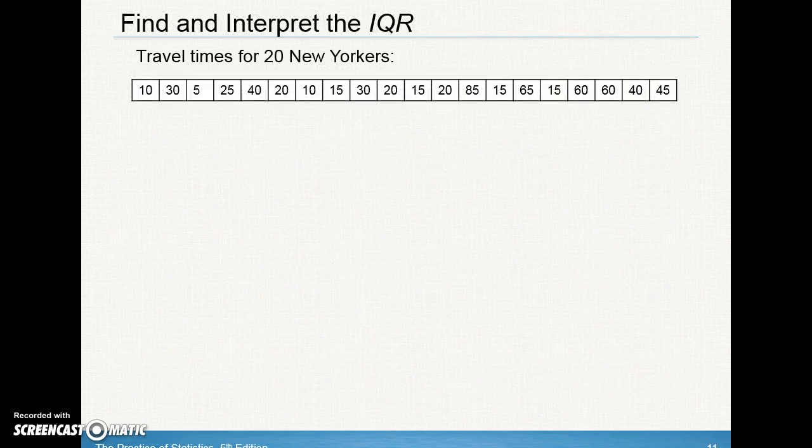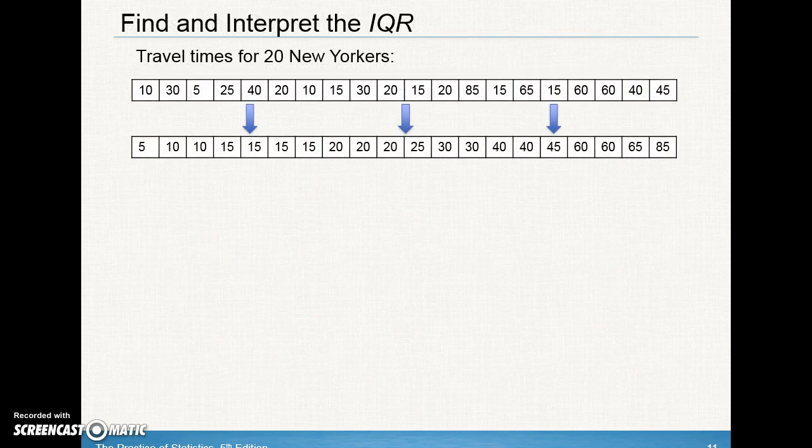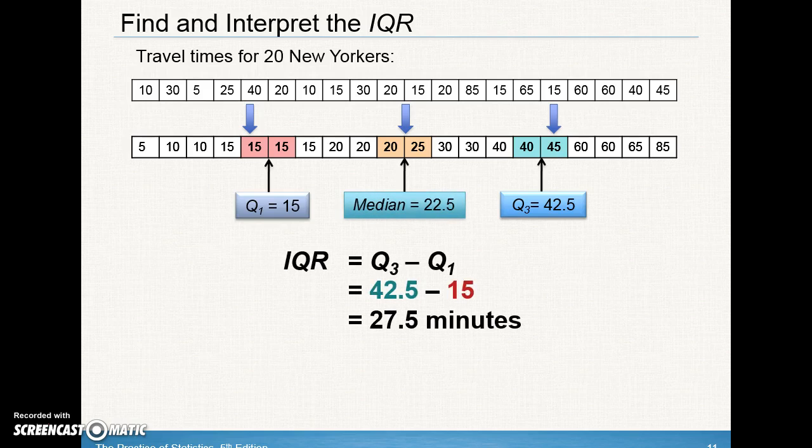Okay, so let's take a look at our New York data again. Here are our three numbers. Our median is 22.5. Q1, the median of the first half, is 15, and Q3 is 45. Okay. So let's see. Oh, wait a minute. I was wrong about that. Okay.